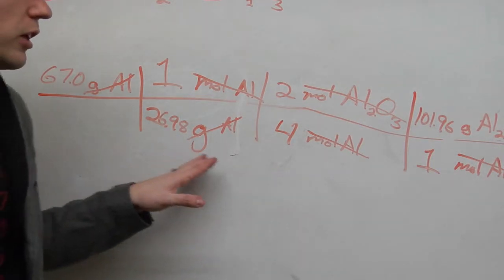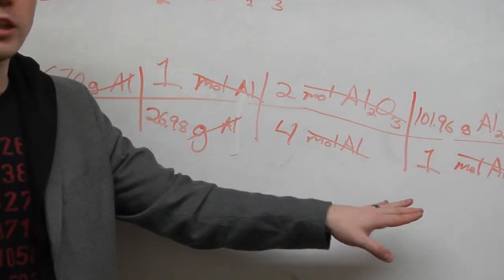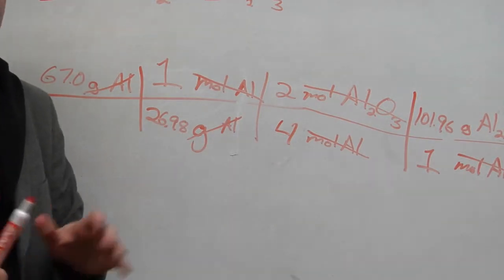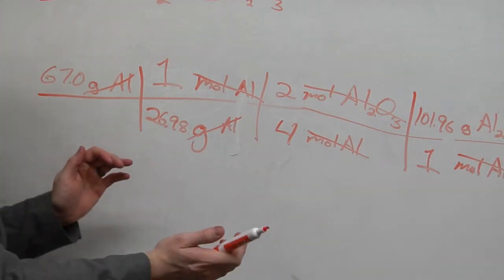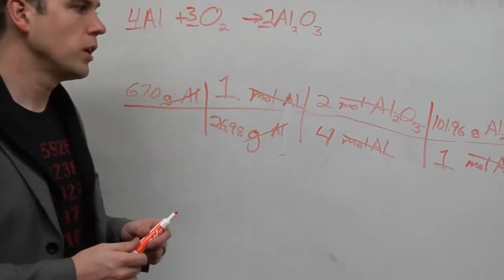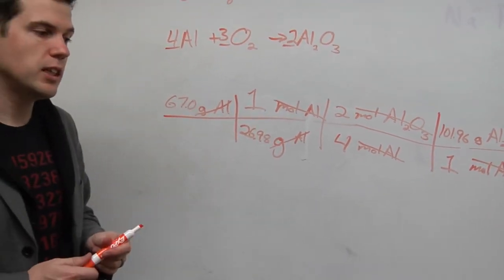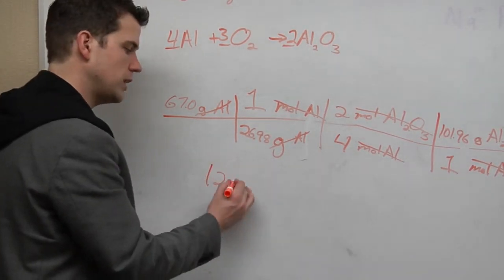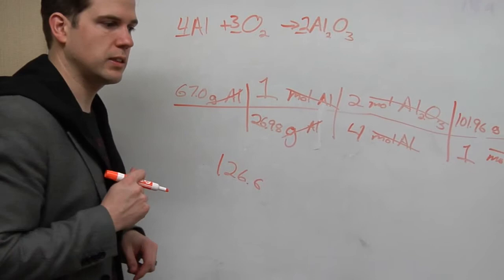So anything on the denominator gets a division button before it. Anything in the numerator gets a times button. If you like the idea of putting parentheses and then just multiplying everything in the denominator, that's good too. After this whole process gets inputted into the computer, we should land on 126.6.